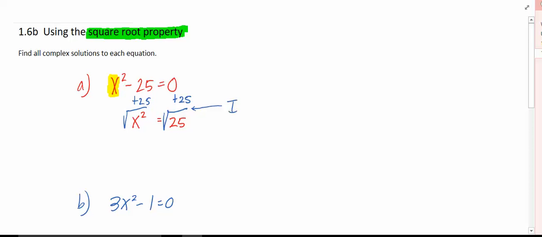So when I take the square root of both sides, then I must put a plus or minus. I must use a plus or minus. Okay, so now we have x is equal to plus or minus 5.